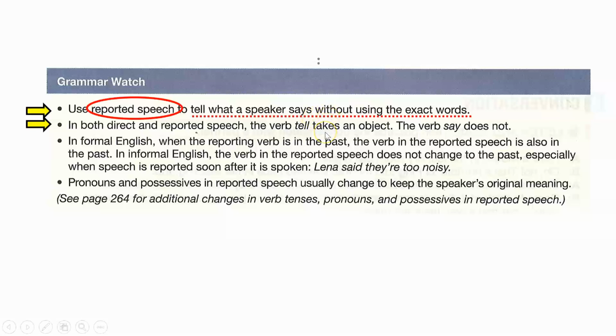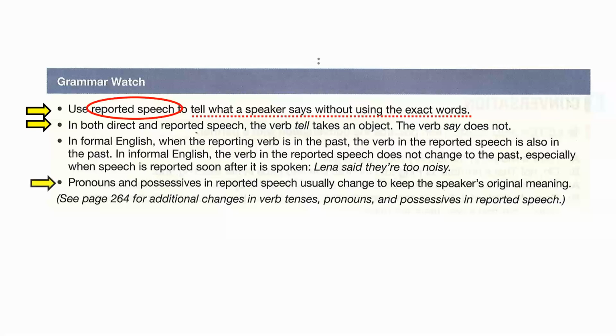That's what this means when it says tell takes an object. And then the verb say does not. So when you use the verb say, you can't put any person after the word say. It has to come by itself. So that's the start of this.